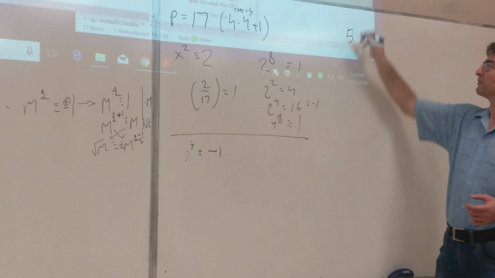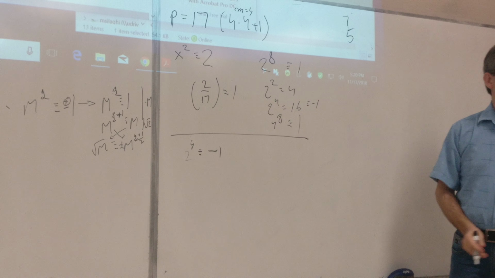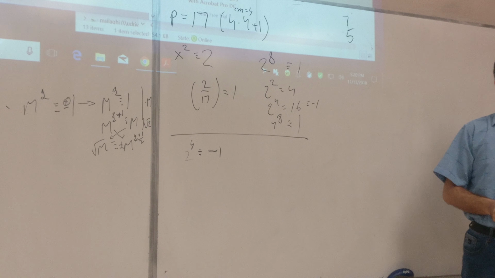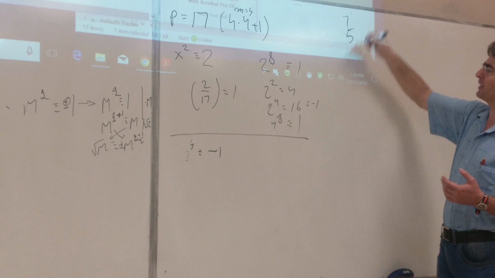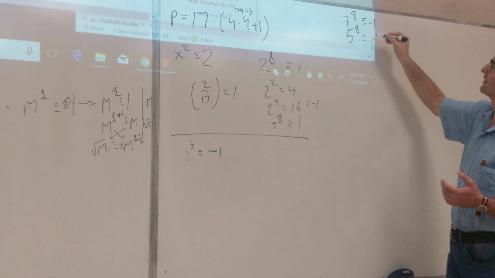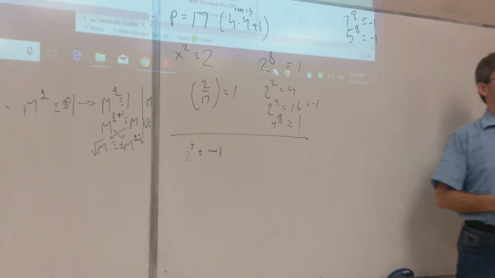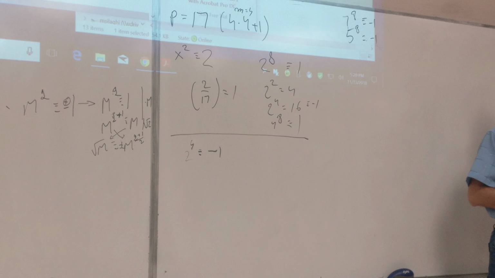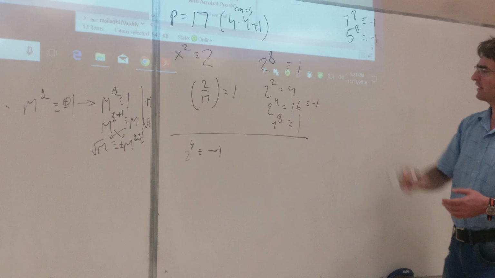So we already know that both 5 and 7 are good nonresidues, because all of them to the power 8 were minus 1. Which one do we take as our nonresidue? Any of them. So, n equals 5. Okay, let 5 be our choice.